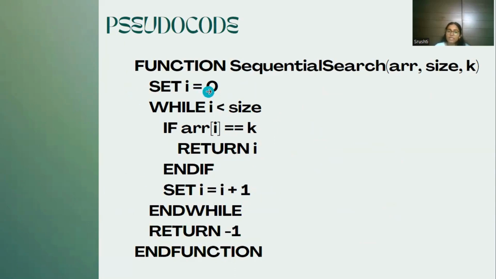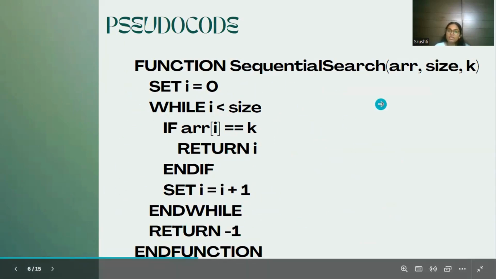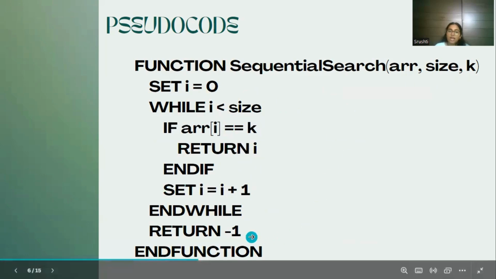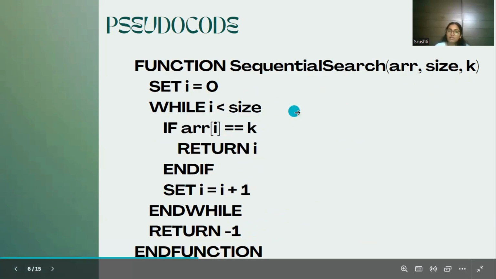And here i becomes 1 and the while statement is closed only if i is greater than or equal to the size of the array. If it is not, it keeps repeating the same cycle within the while. And in case the element is not found, it returns minus 1, that is, the element is not found and the function is ended.